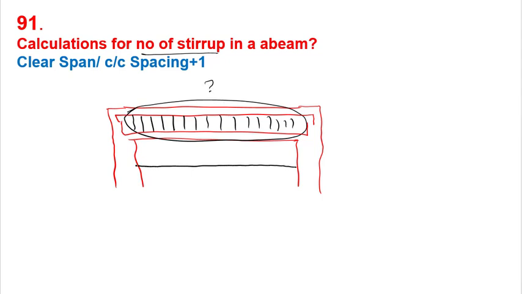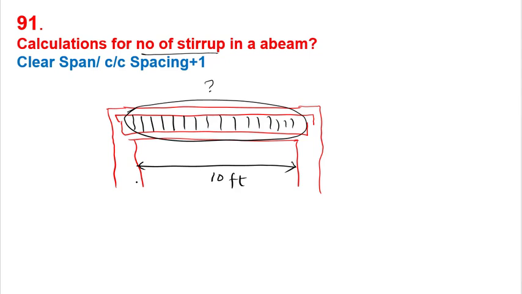Let's say the distance between these columns, this is called the clear span. The clear span is, let's say, 10 feet, right? So we need to find out the number of stirrups in a beam.